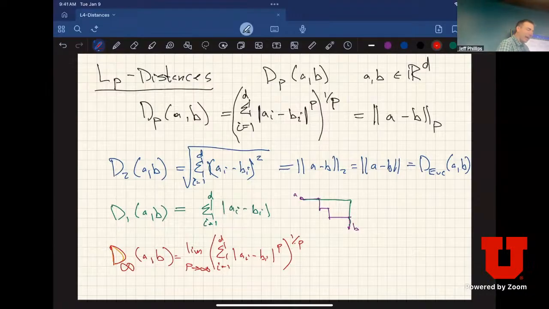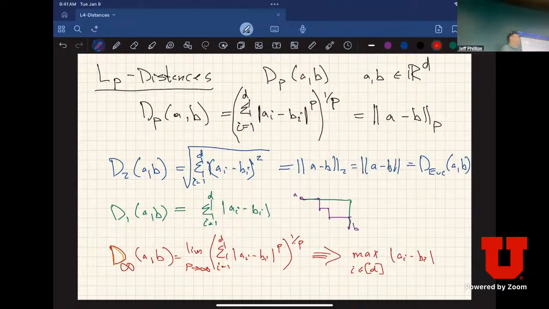How this is defined is actually the max over i in this set of numbers, the absolute differences of a_i and b_i. I'm just going to look at the max.